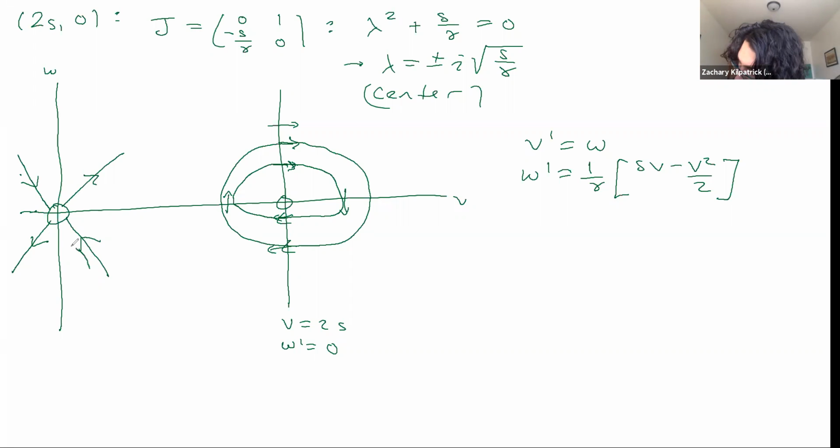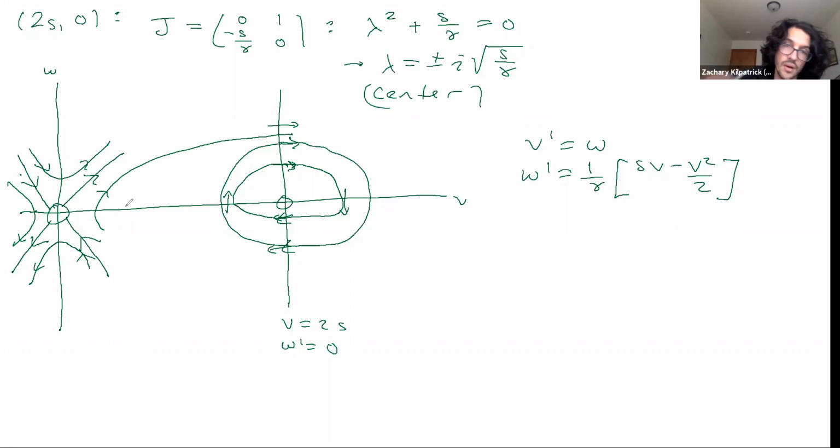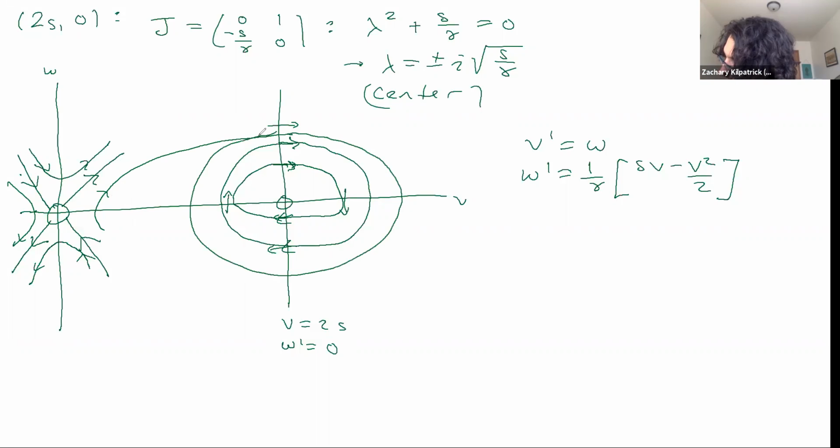So that, when you're out here, you have these saddle-shaped trajectories. When you're out here, you have these saddle-shaped trajectories. When you're over here, you have these saddle-shaped trajectories. And when you're over here, you sort of turn a corner and you join the circulating, oscillating solutions here. Okay, around this trajectory here, these limit cycles.